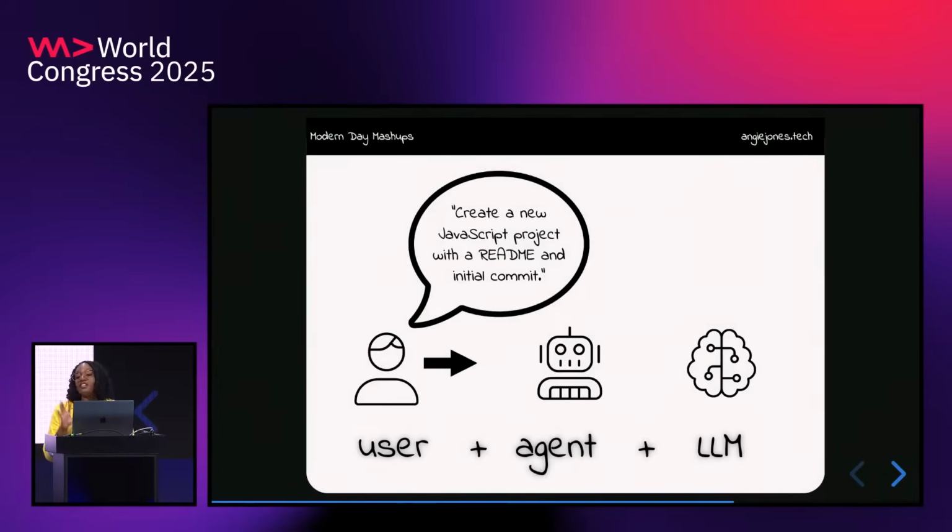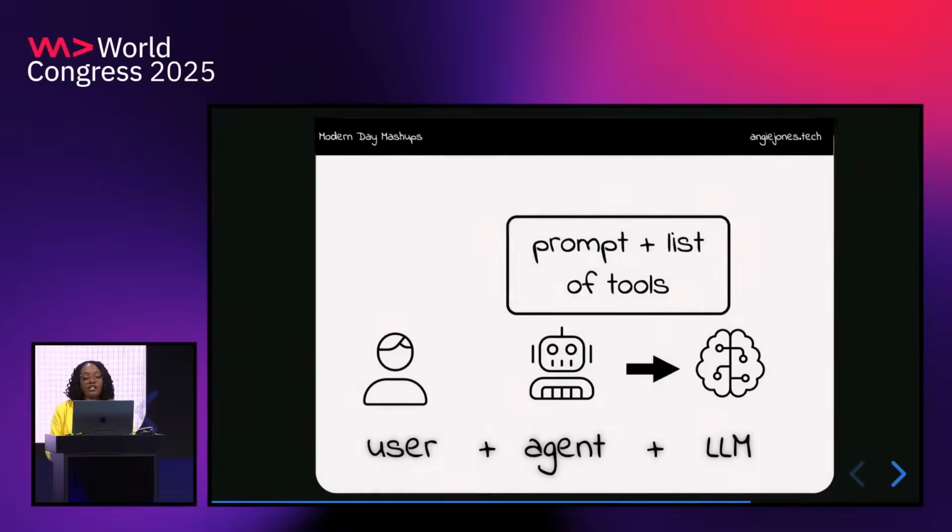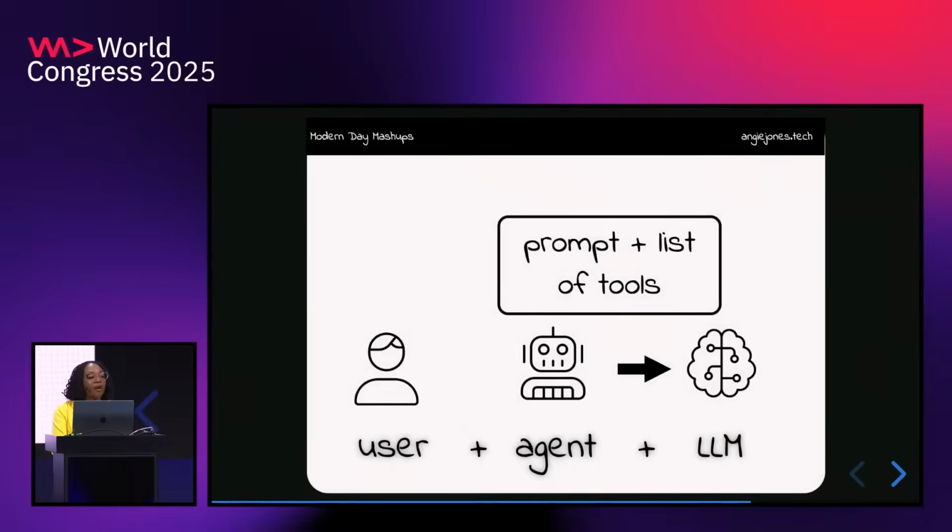So the user gives the agent a natural language prompt, something like I did when I said, set up my environment. This sounds simple enough, but there's quite a few steps, if you really think about it, involved in setting up a directory, right? We need to initialize the repo, we need to create the README, we need to commit the changes.